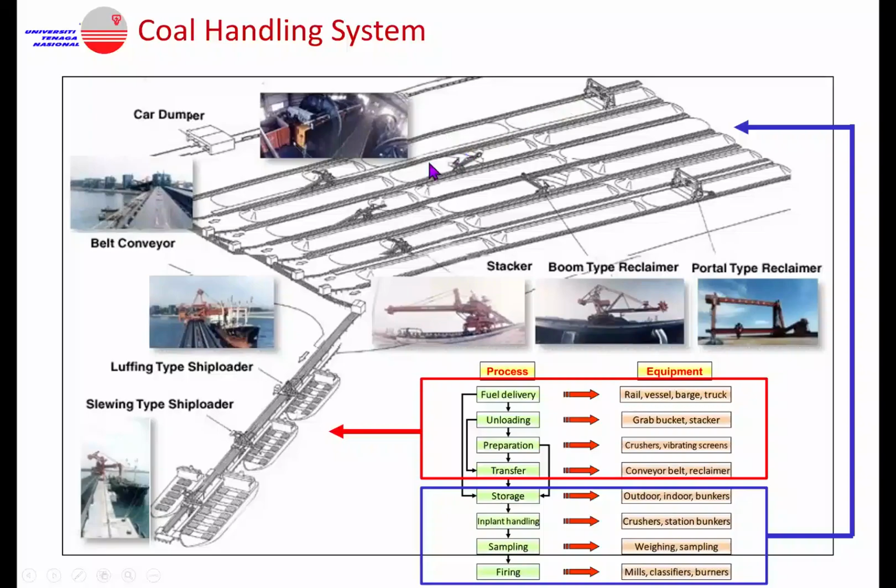To be exact, it will bring the coal to the pulverizer mill for crushing into smaller pieces or powder before it is allowed for combustion in the combustion chamber. So that is a general overview of the process for coal in the power plant.